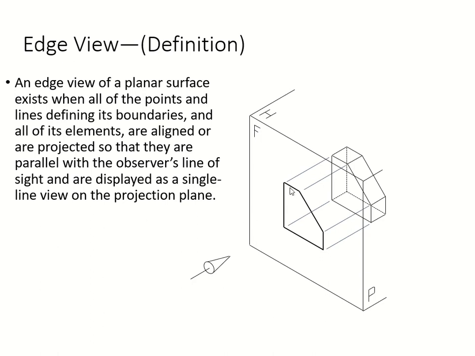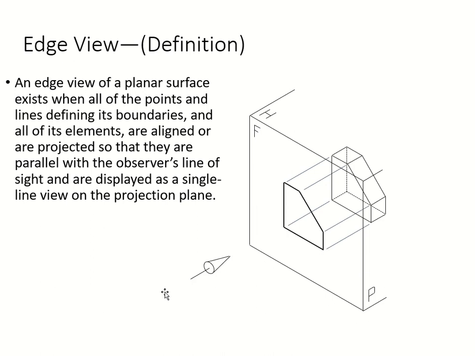If you take a look at it here, these projection lines are defining the boundaries of the projection of that 3D. This is 2D on a single plane, but the edge view on this surface exists because all these lines making this boundary of this projection are parallel to this line of sight.